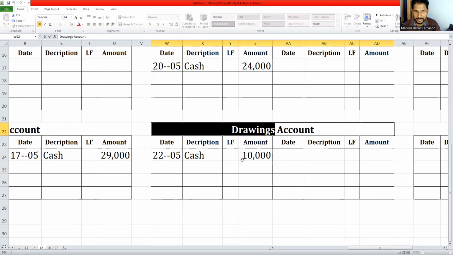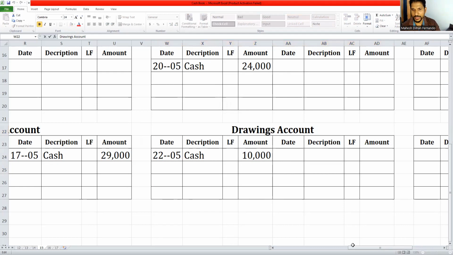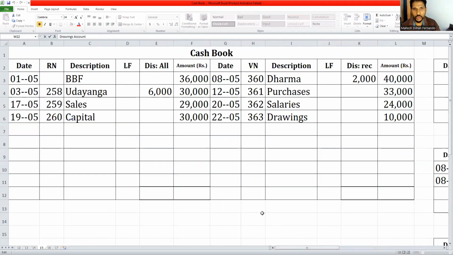Okay, great. The last transaction, that is 24th of May, it's a receipt. 24th of May, 261, received 25,000 to settle the account of Gamunu. We haven't allowed a discount to Gamunu, collected the total value 25.